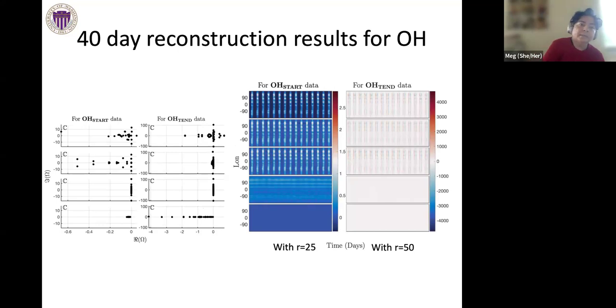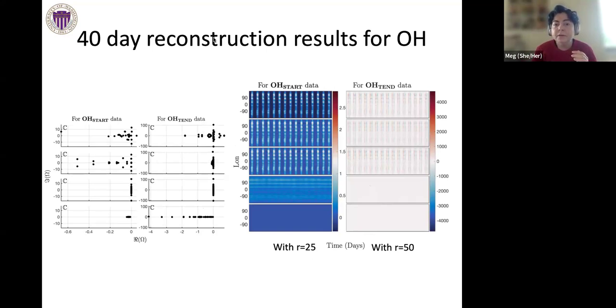As an example of how effective the optimized DMD is, I present 40-day reconstruction results for the OH hydroxyl ion for both the state data and the tendency data. On the top panel here is the actual data. I had to restrict to one latitude at a time because I need consistent daytimes for effective DMD analysis.